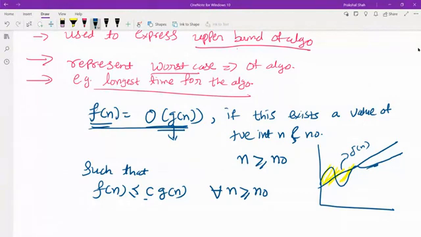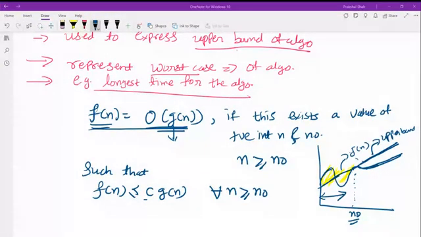See here my f of n is bigger, g of n is lesser. So for initial values it can be true, but after some point n naught, it will always be greater than f of n. And this is the meaning of upper bound, that it cannot go beyond this.